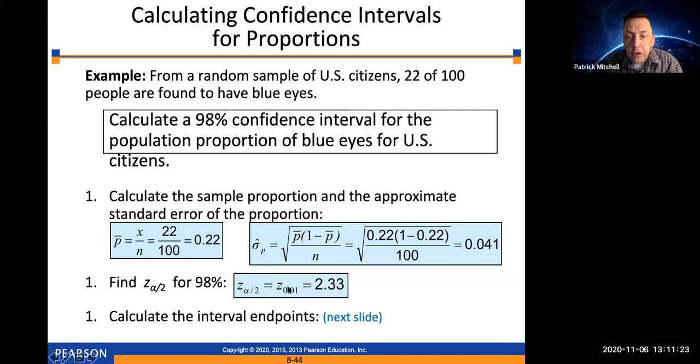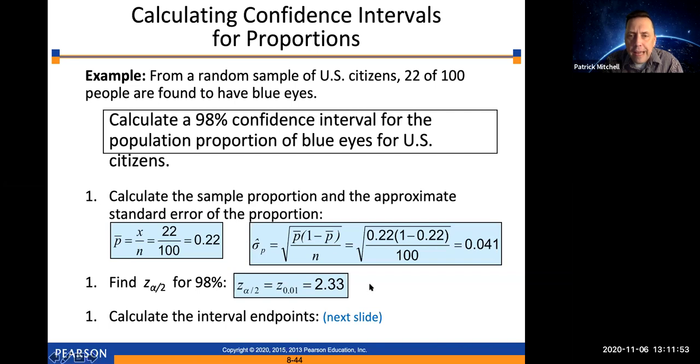So you can either look in that chart to get that the critical value for a 98% confidence interval is 2.33. The other way you can do it is to use table A2 and look for the z-score that has an area 0.01 to its left. And for that, you'll get negative 2.33, and then you just have to disregard the negative. Critical values of z are always positive.